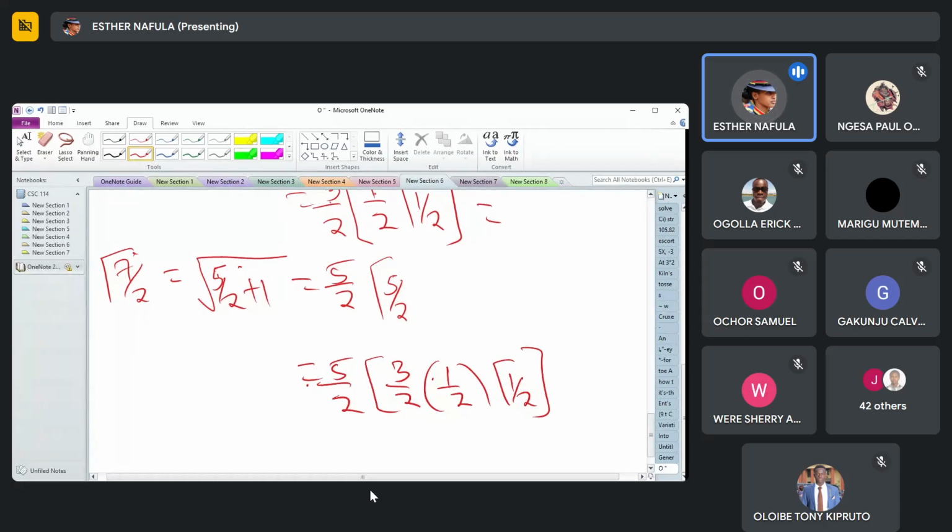So if we use this result, gamma of a half is equal to square root of pi. Then let's rewrite our series. You tell me what to write.